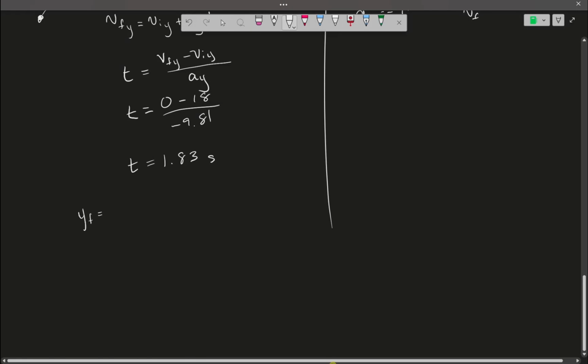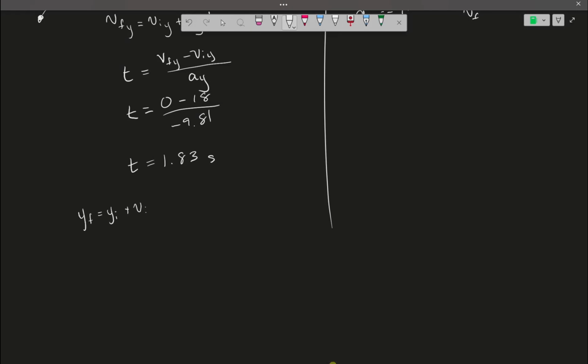So y final is equal to y initial plus my initial velocity in the y direction times my time plus 1/2 acceleration in the y direction times time squared. I am looking to figure out what y final is because y initial is 0. The initial velocity in the y direction was 18.